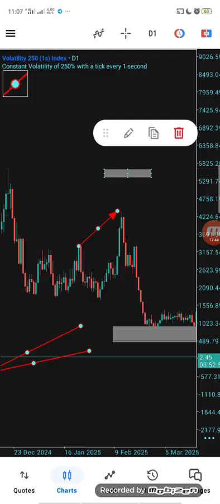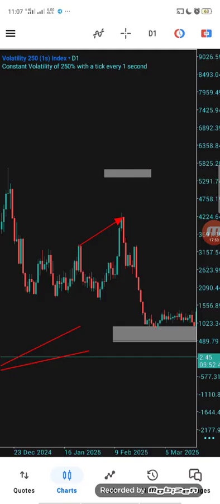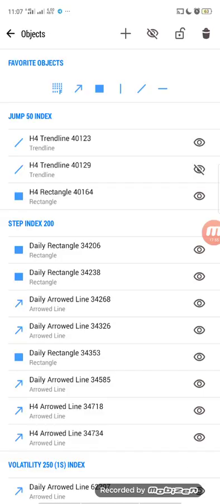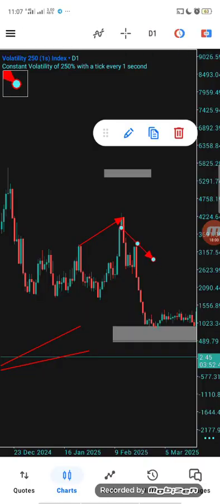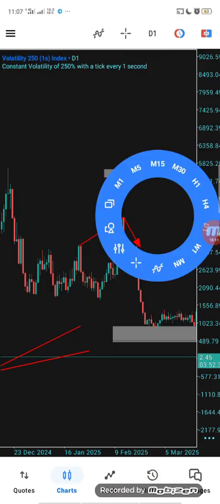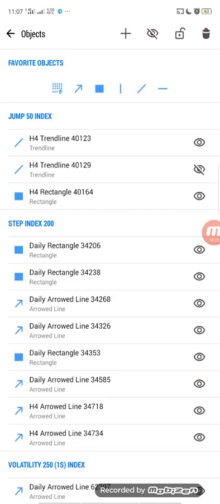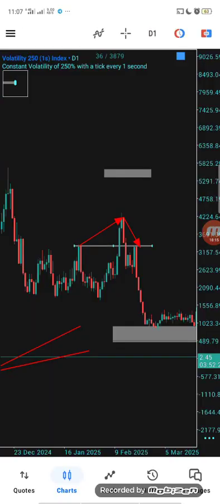There's a left shoulder and the head. Then here we also have the right shoulder formed, and then you put your rectangle like this.